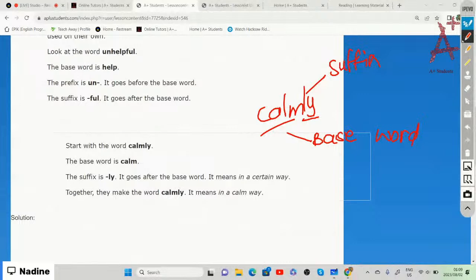In this case, you need to know the meaning of the prefix or the suffix in order to know the meaning of the new word when we combine either the suffix and the base word, or the prefix and the base word, or all three: the base word, your prefix, and your suffix.